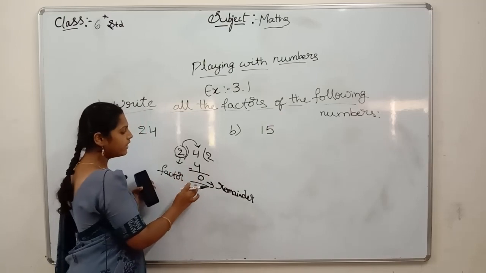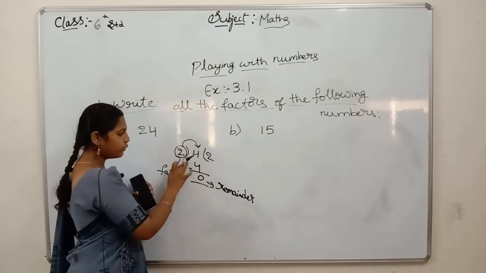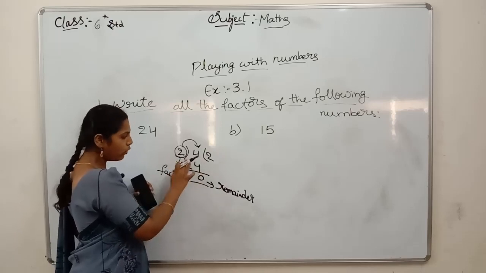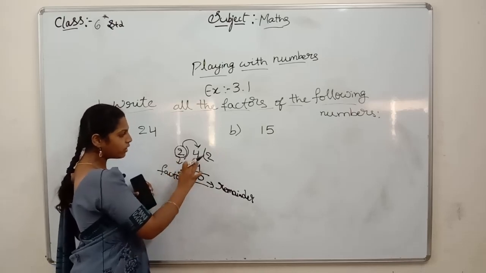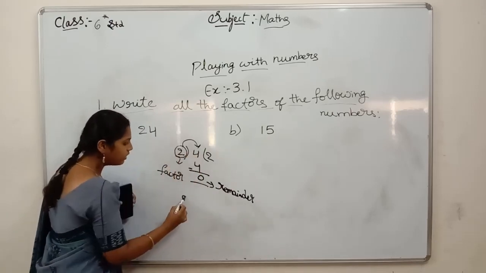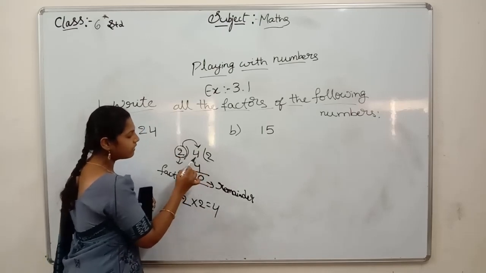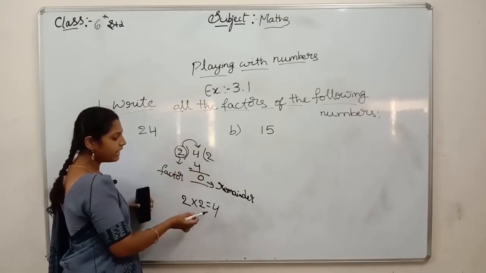If we get 0 in the remainder place, then we can say 2 is a factor. 2 divides 4 exactly, so 2 is a factor of 4. We can write this as 2 into 2 equals 4.